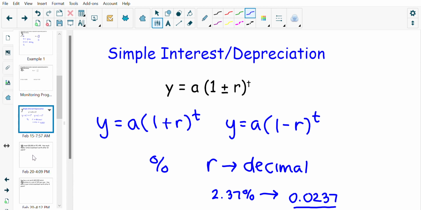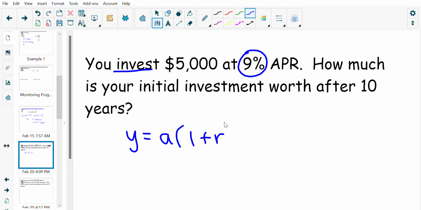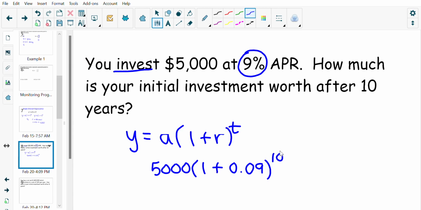So let's just look at a problem. We're investing money, $5,000 at 9%. So here is our percent, so we know we have to use that. And because we're investing money, we're adding. So our formula is a times 1 plus r raised to the t. Our a is our start, which is $5,000. 1 plus my rate is going to be 0.09 when I convert that, and I'm doing it for 10 years.